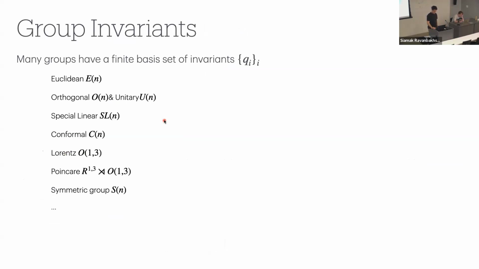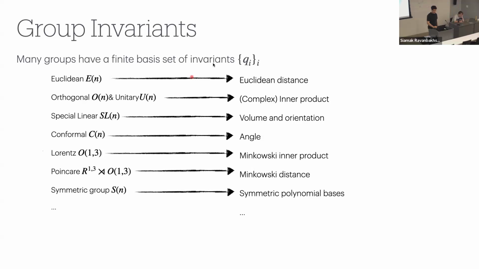We have a set of functions that form a basis, and they remain invariant under the transformations dictated by those groups. For example, if you perform a Euclidean transformation, the distance is preserved. If you do a conformal transformation, the angle is preserved, and so on. And these are in fact bases, meaning that all other invariant functions can be written in terms of these.